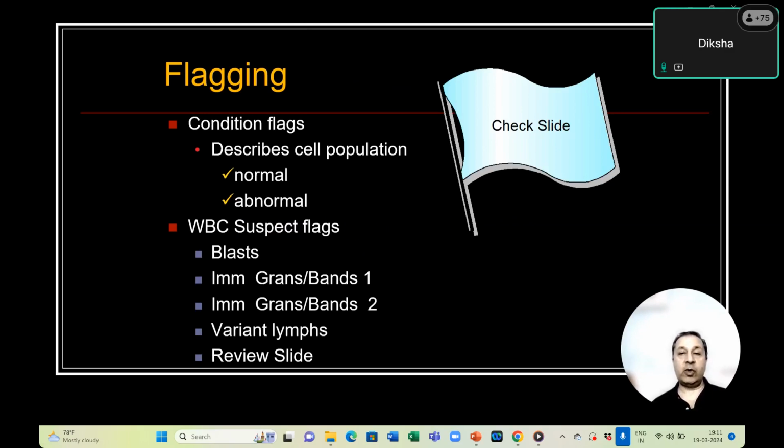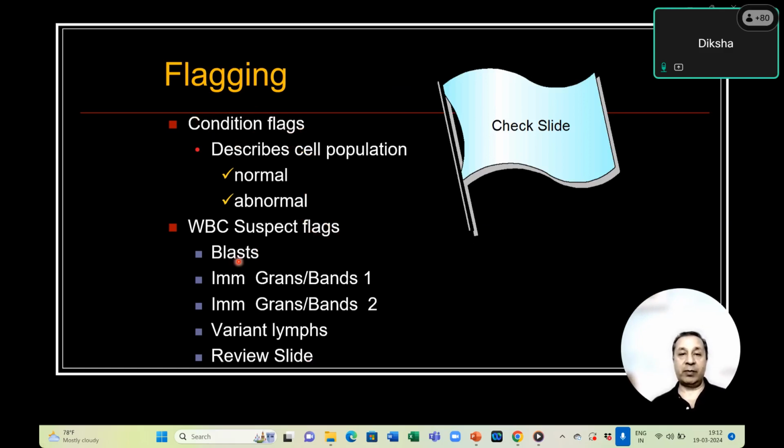Now, when we talk about flagging, what are the different kinds of flagging that we can have from any of the analyzers that we use? The most common one is what is called condition flagging. Condition flagging means it will describe the normality or the abnormality of the cell populations. Then you will have what is called suspect flags, wherein the analyzer has suspected the cell population to be falling in an area which potentially may be abnormal.